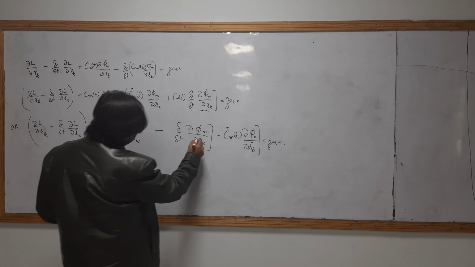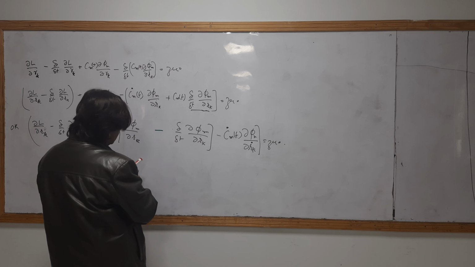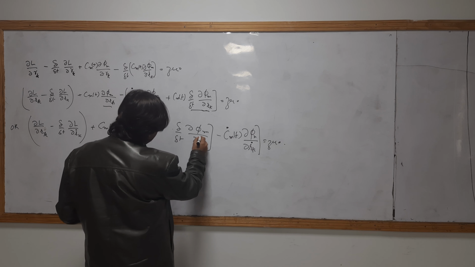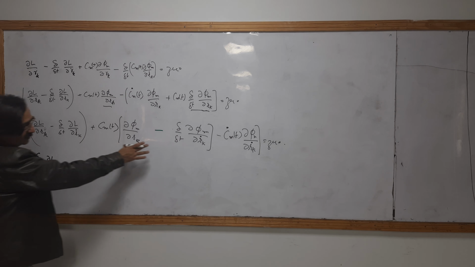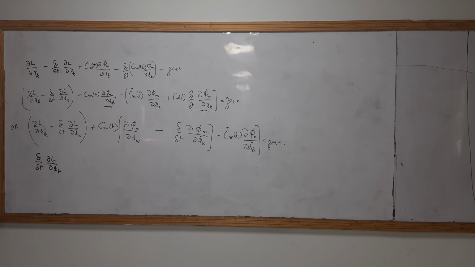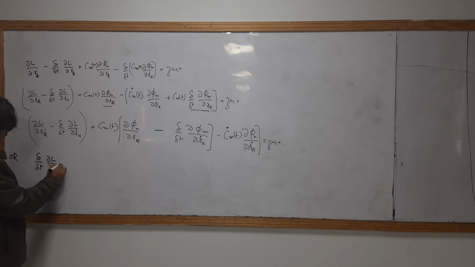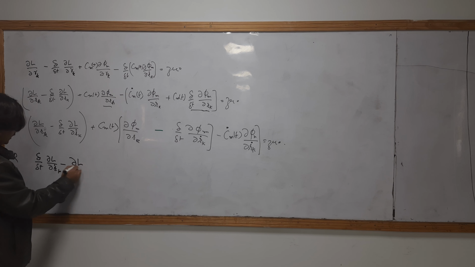Or if you are interested to remember in a different way, I think, if I multiply both sides with minus, then this will become an Euler-Lagrangian equation, partial L over partial R dot K. You may remember in this way, or minus partial L over partial RK.